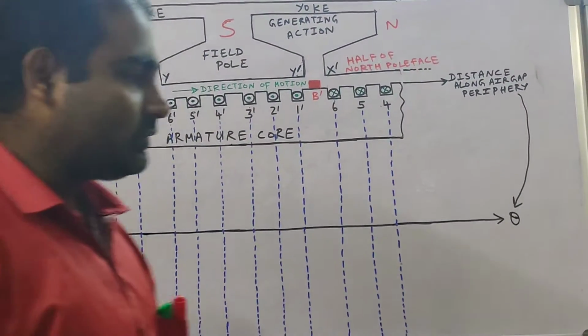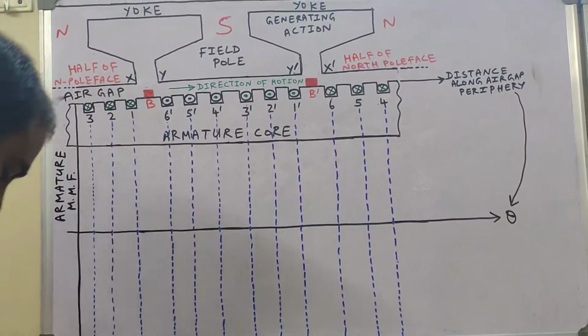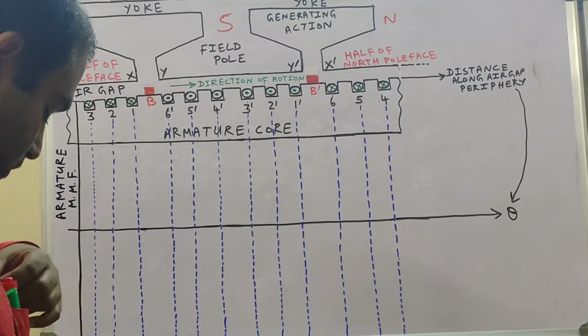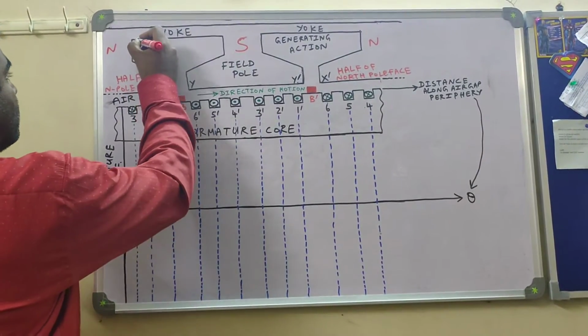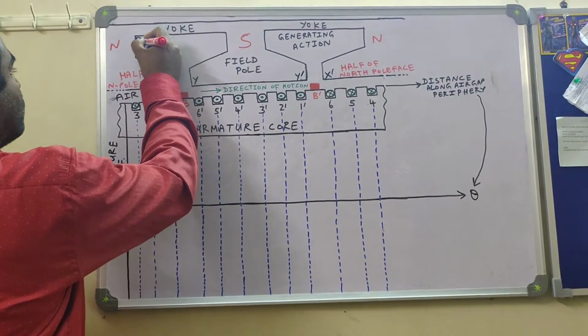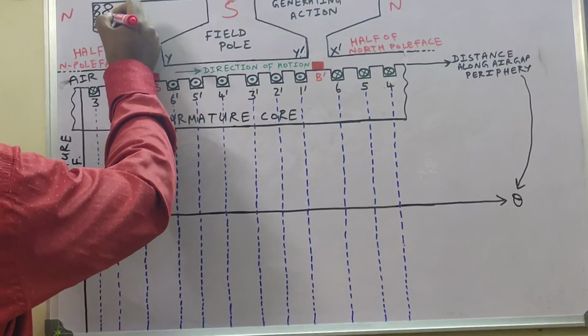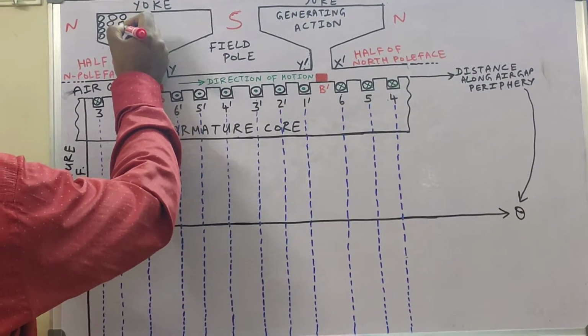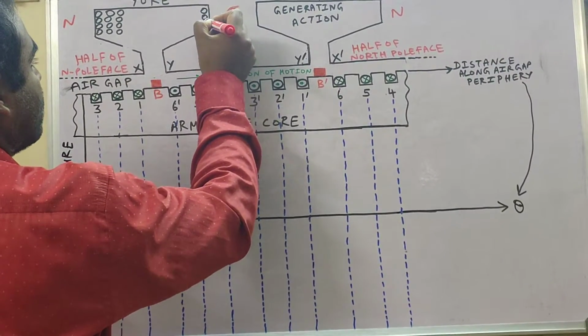Now what we want to do is find the armature MMF variation. Let me draw one thing I have not drawn: field coils were not shown here, isn't it? Field coils are not shown, so field coils have to be shown. Let me draw these field coils.